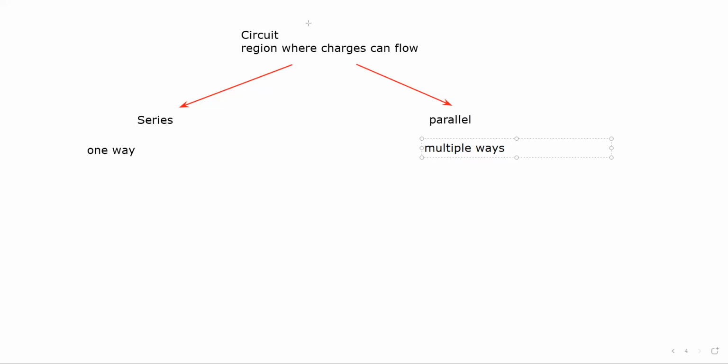For example, say I have two lamps. This is a circuit symbol for the lamp. So I have two lamps and I connect one next to the other.